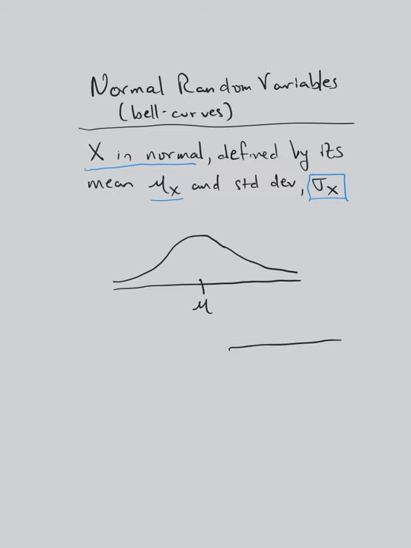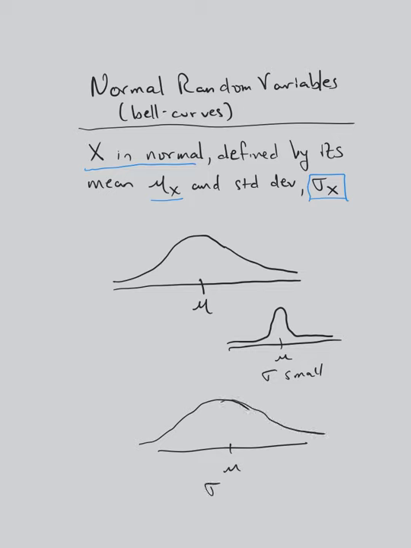You could have a bell curve that peaks really sharply around the mean. That's the case where the standard deviation is small. Or you could have a normal variable that is very long and flat, and that is the situation where the standard deviation is large. Now, a couple of basic things about the normal, coming back to this first picture before I show you a more specific picture.